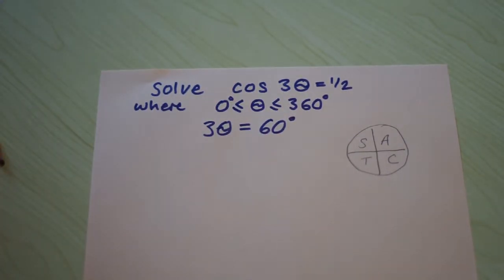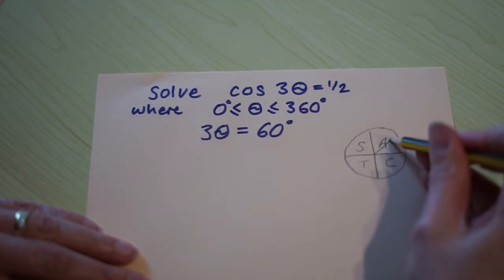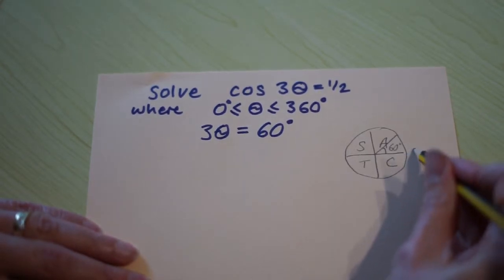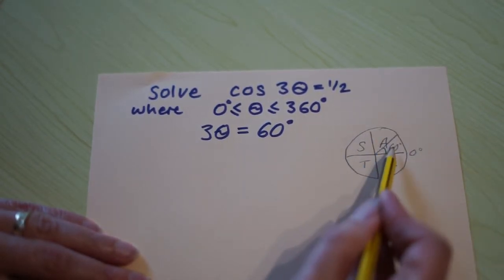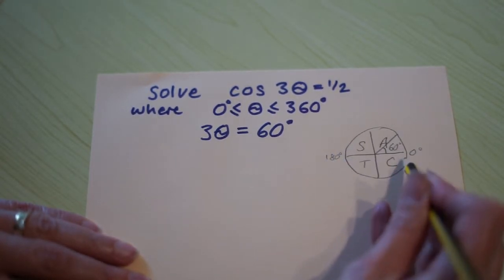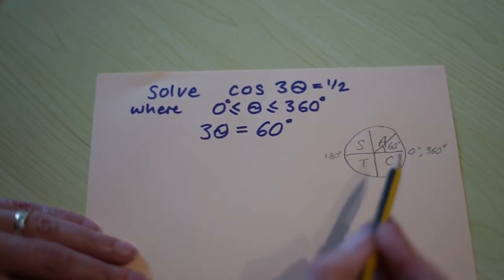So 60 degrees on our CAST diagram is, let's say, roughly about there. That's 60 degrees, because we're starting from 0 just here, and we go around to 180 and round back again to 360.